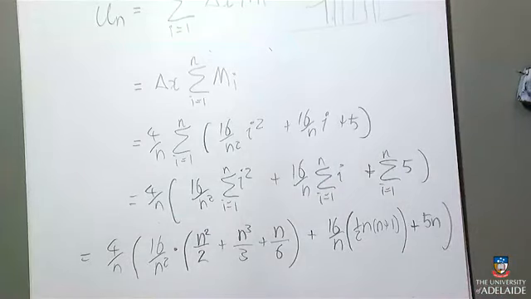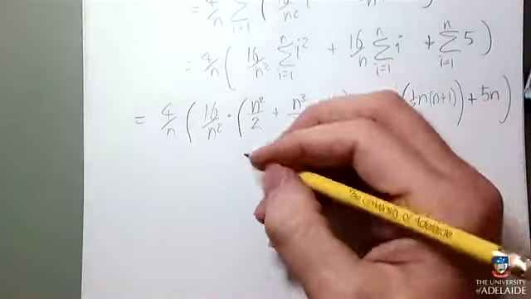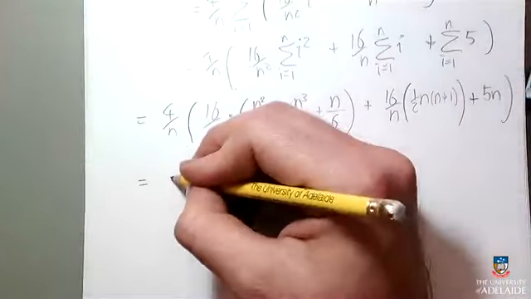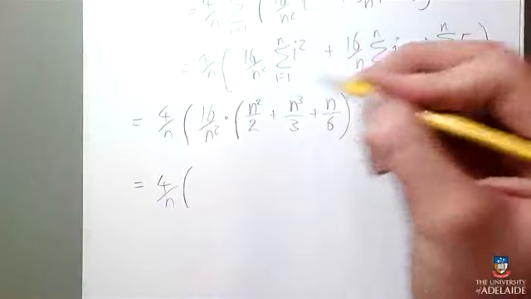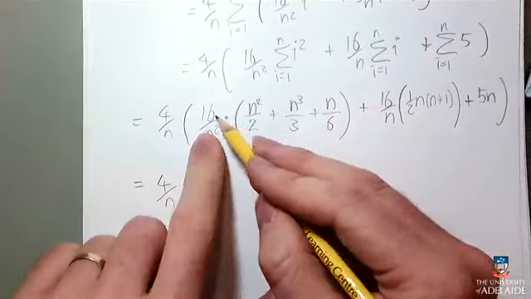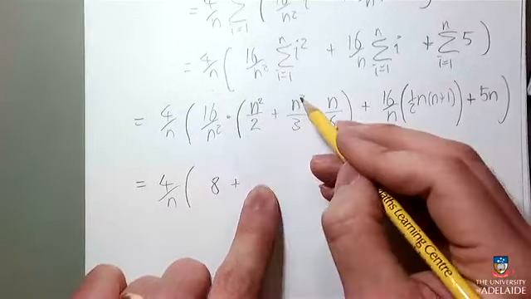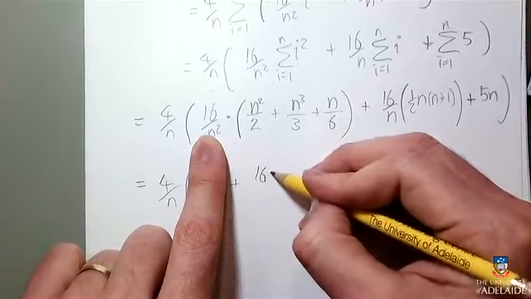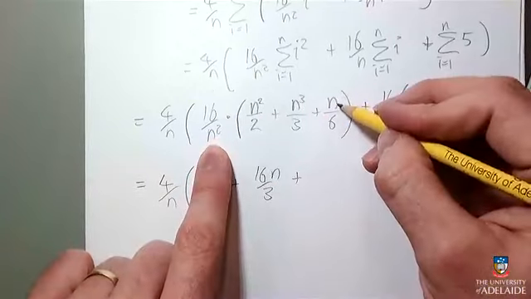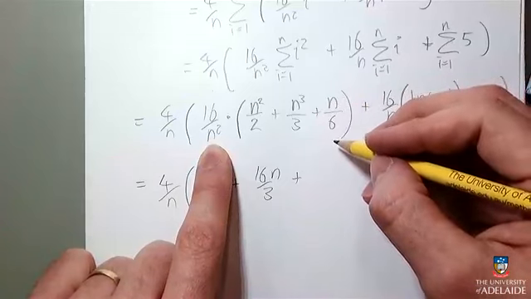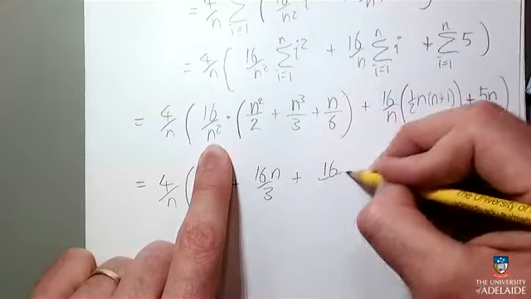Beautiful. And now I'll expand this all out. Of course I will. So 16 divided by 2 would be 8, so I get an 8 there. 16n on 3 there. I'm just going to write it like this.